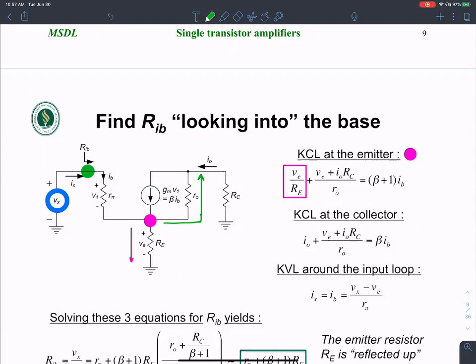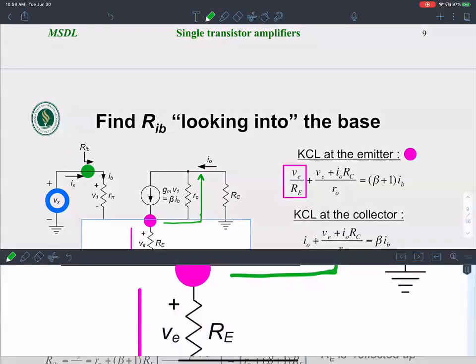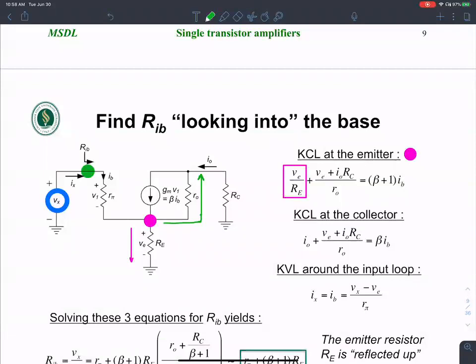The voltage over here is VE, minus the voltage over here, which is negative I naught RC, over R naught. All I'm doing is the voltage across these two terminals divided by that resistance. So here is the current leaving in this branch. I'm writing KCL at the emitter node.